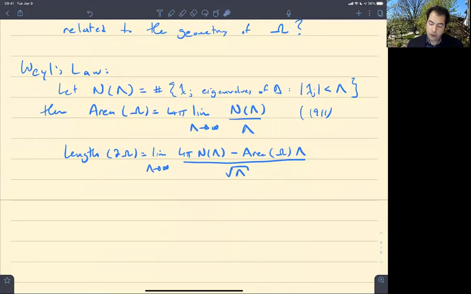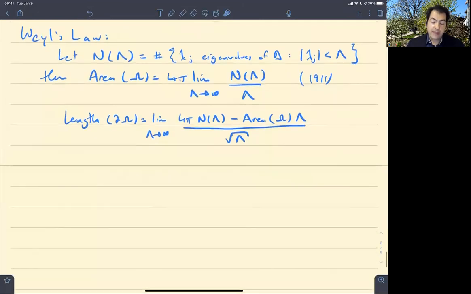It was known before 1980 that you could recover the perimeter from the eigenvalues, but this way of recovering the perimeter from the eigenvalues wasn't established until 1980.